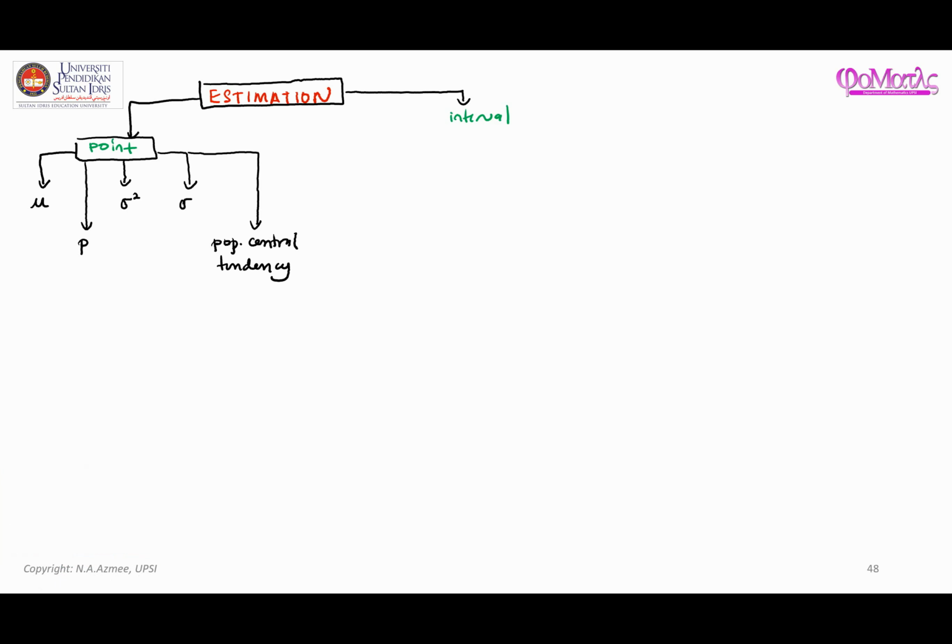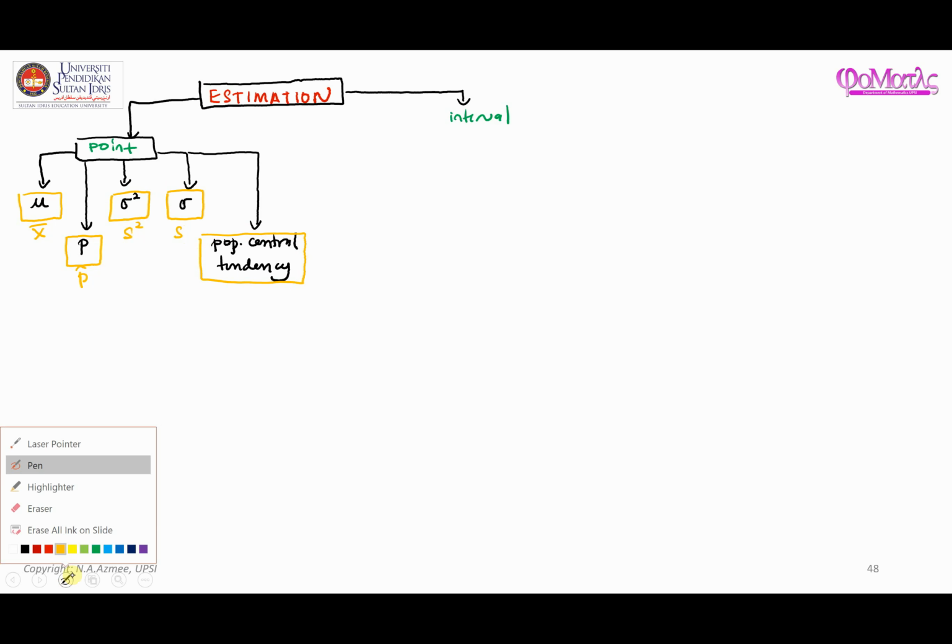For mu, the point estimator is x bar. For proportion, the point estimator is p hat. For population variance, the point estimator is s squared. For standard deviation, the point estimator is s. Now for population central tendency here, you may have more than one point estimator.